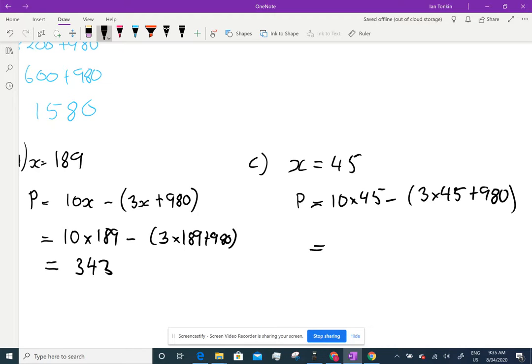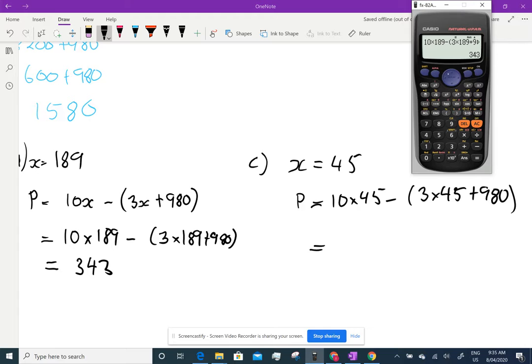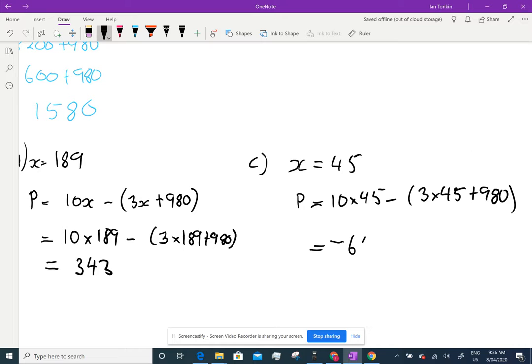And I'm going to put that into my calculator. I'm just going to go back and change that to 45. Negative 665. So a loss of $665.